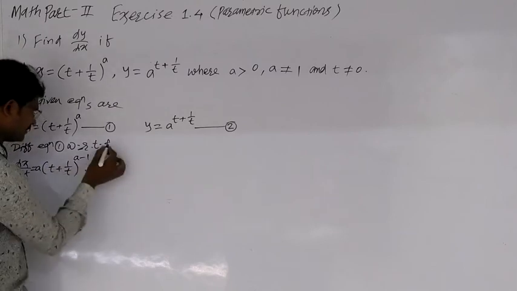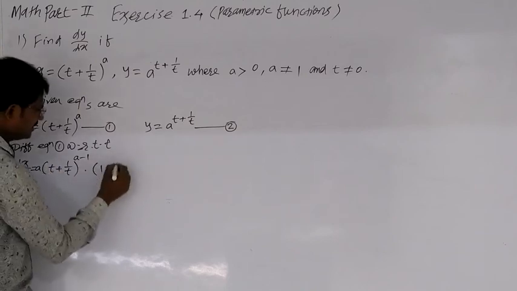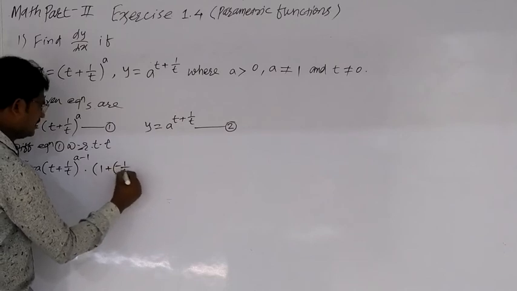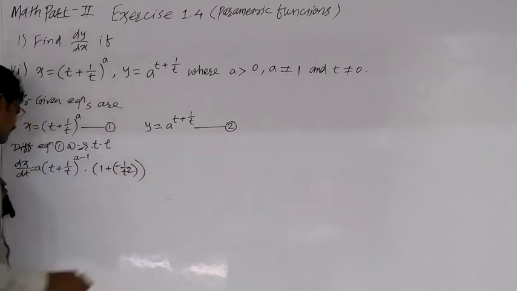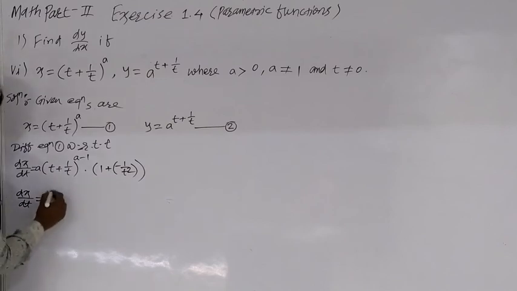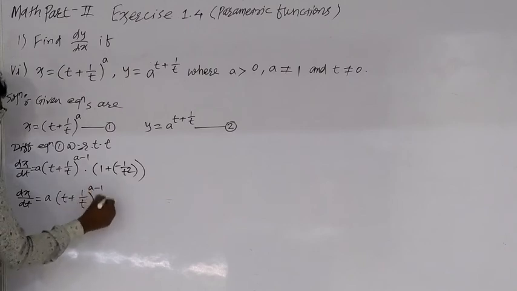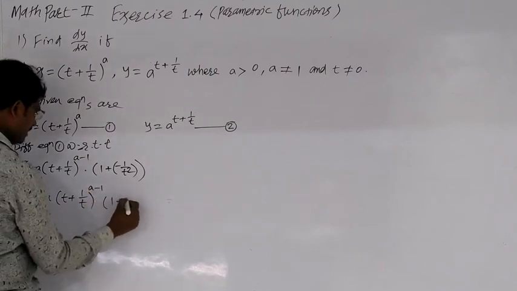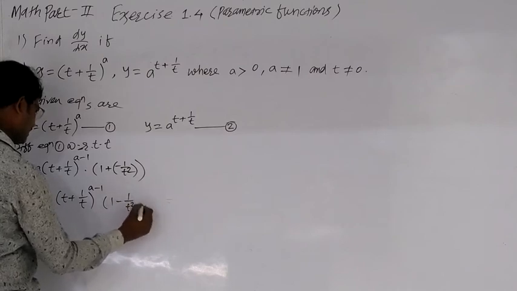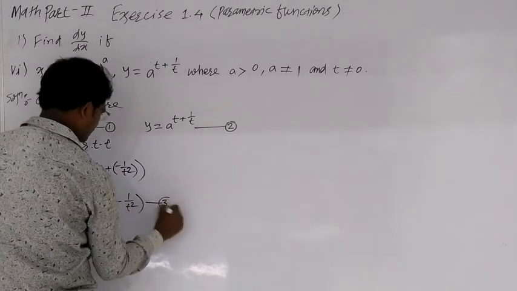Derivative of t with respect to t is 1, plus derivative of 1 upon t is minus 1 upon t square. Now we can write dx upon dt is equal to a into t plus 1 upon t raised to a minus 1 into 1 minus 1 upon t square. Now this is equation number 3rd.